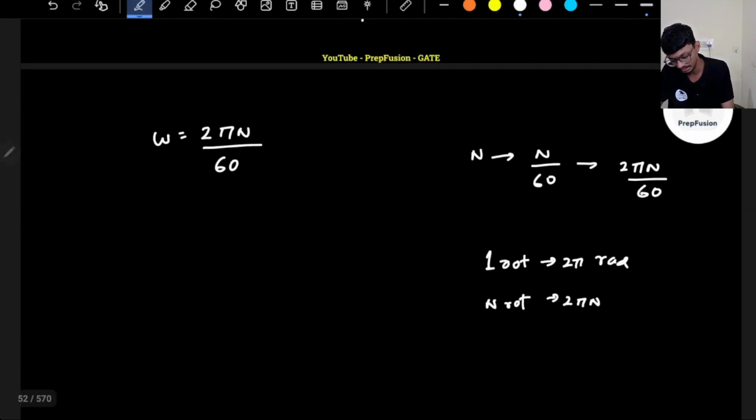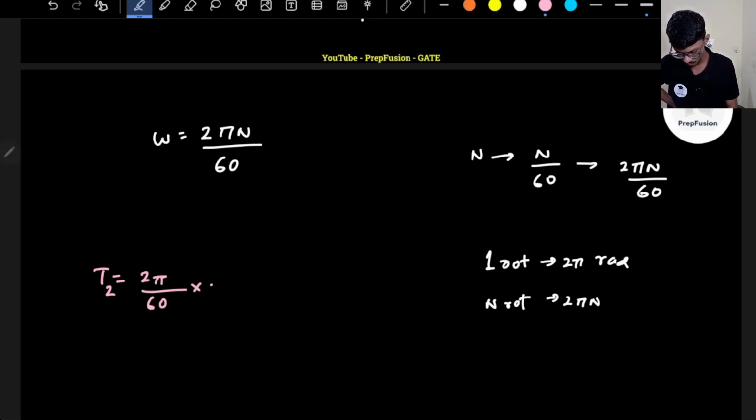Now we can finally find out the torque in the second case. Torque in the second case: omega is 2 pi by 60 into 2111.1, into torque, right?